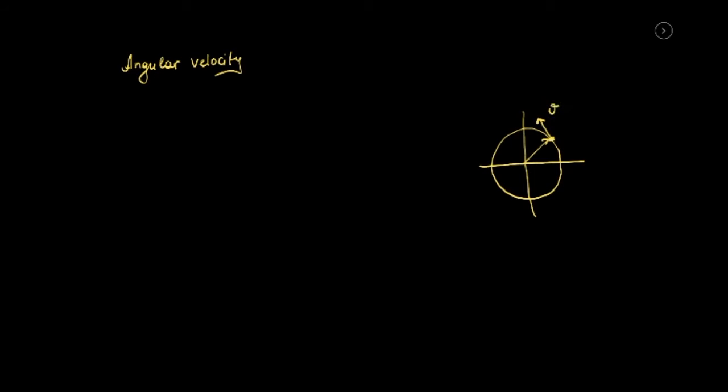The velocity of the particle is equal to v, and the magnitude of the velocity doesn't change. So this kind of motion is called uniform circular motion, which we have also already studied earlier.